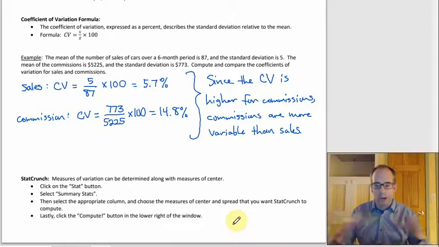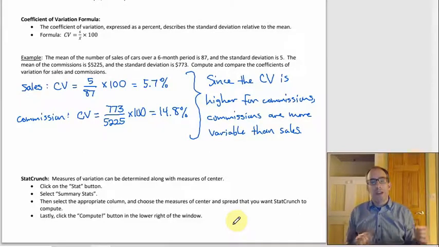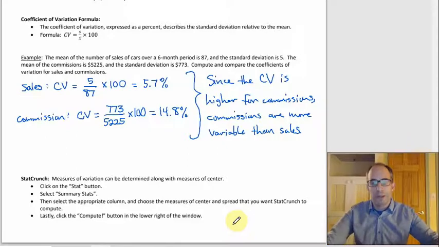And so they all just show up within that table that will be your output. And you can see that in the video about using StatCrunch. But if you can do one, you can do the other, right? If you can do the measures of center, you can do the measures of variation, because you go to the same place to get both of them.